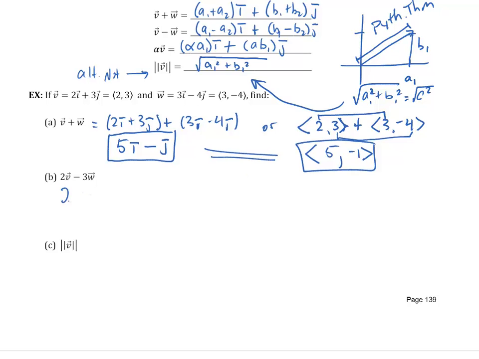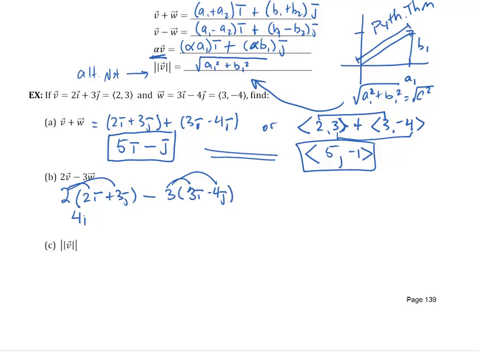If I take 2 times 2i plus 3j minus 3 times 3i minus 4j, I can just use my algebra rules by distributing, because that's all multiplying by alpha does, is distribute the alpha to both terms.